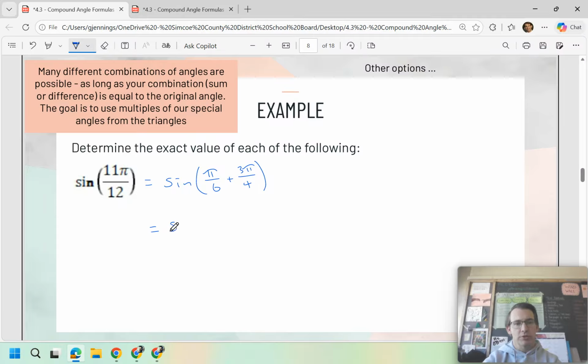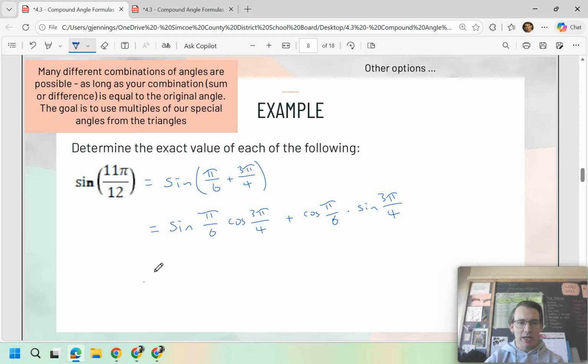So this is equal to sine of pi on 6 multiplied by cosine of 3 pi on 4 plus, because sine is telling the truth, we still use that plus, cosine of pi on 6, that's a 6, not a 0, multiplied by sine of 3 pi on 4.